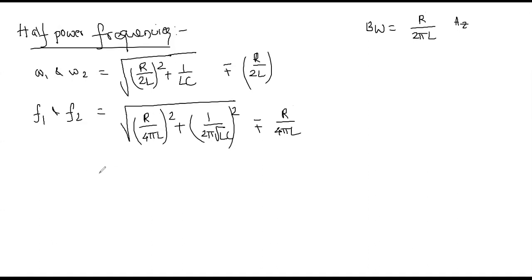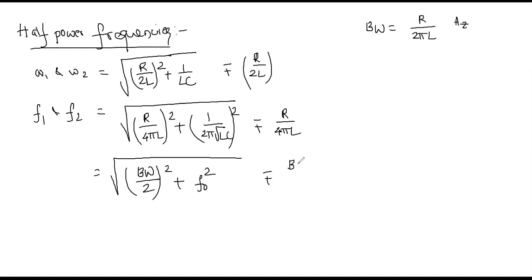So R by 4 pi L we can write as bandwidth by 2. We know 1 by 2 pi root LC is the resonant frequency for the series RLC circuit, so that is f naught square, minus plus bandwidth by 2.